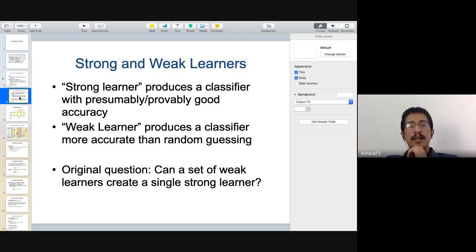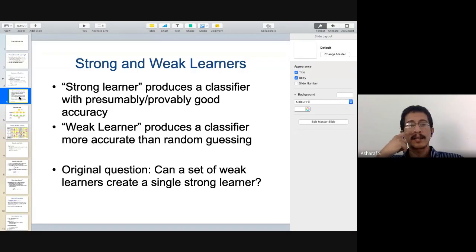Weak learners, in the case of classifiers, are classifiers which are slightly better than a random guess. For example, the accuracy of the classifier is say 0.52.